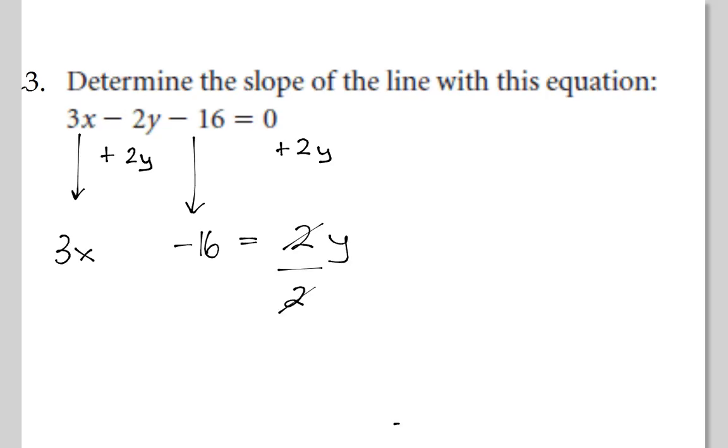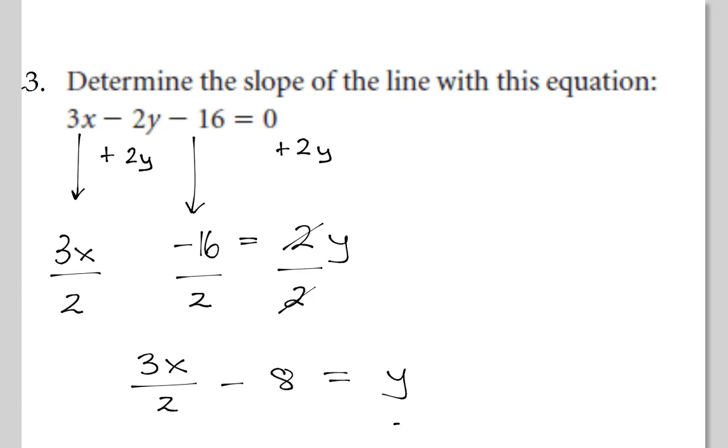Now what you do to the right, you got to do to the... So do I only divide the 16 by 2? Or you also divide this one by 2? Good. Now 16 and 2, they work together very nicely, but 3 doesn't work with 2 nicely. Do you go to a decimal? No. Definitely leave it as a fraction. So 3x over 2 minus 8 equals y.